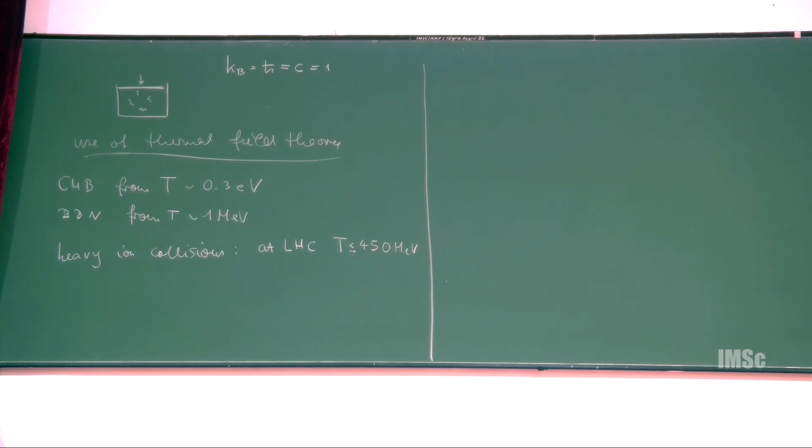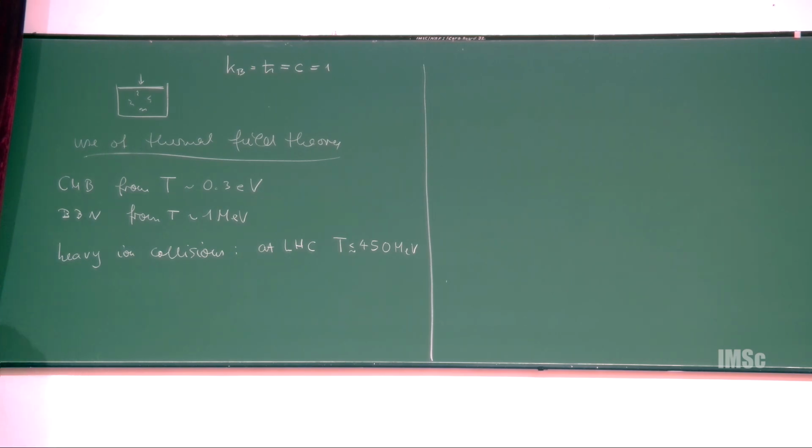So we must understand whether there could still be equilibrium, and the criterion for that is that the particles interact faster than the expansion, so that they can stay in equilibrium. If the expansion was 0, then after some time they would always thermalize. So the expansion must be sufficiently slow to keep the system in equilibrium.